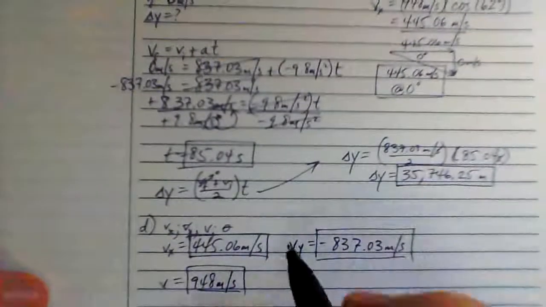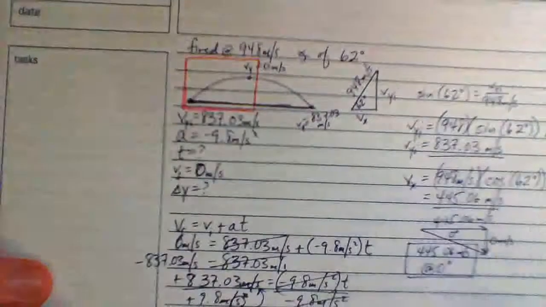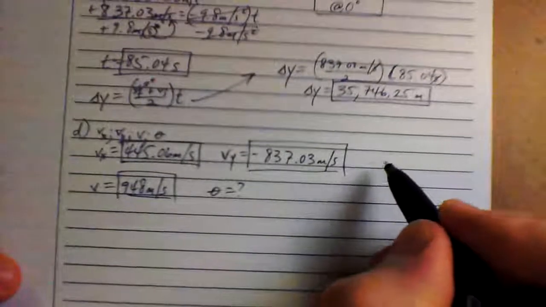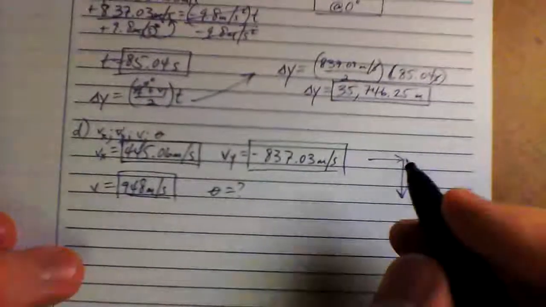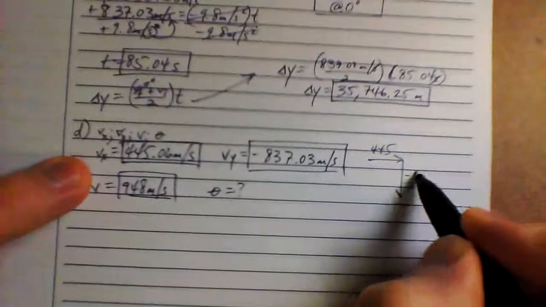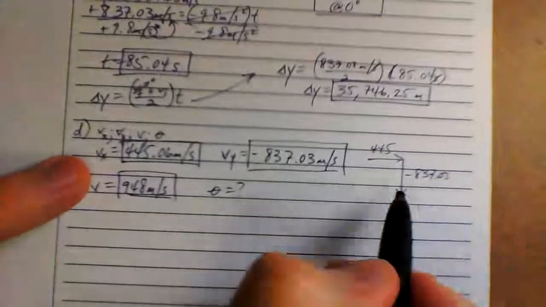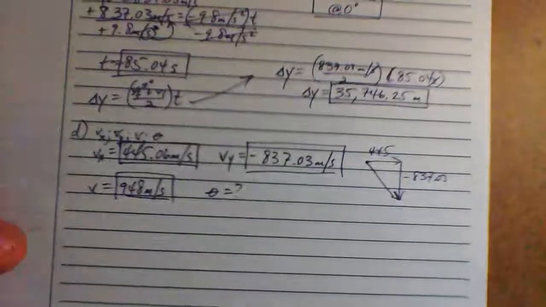All right. And the very last one says theta equals question mark. Well, what we're going to find is that if we draw those out, here's our triangle. It's moving this way, and it's moving very much that way. Vx is 445. This one is negative 837.03. You don't actually have to include the negative since you already have the arrow indicating direction pointing down.